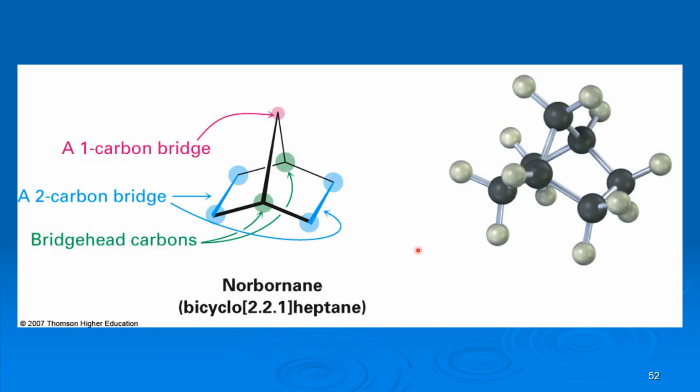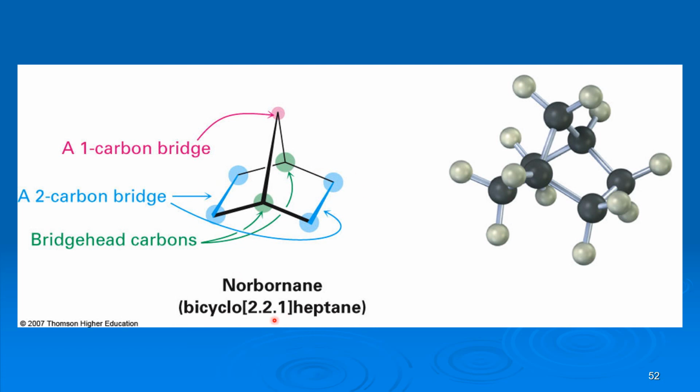One other thing just to introduce to you, and is not really important, is this norbornane. I can't even pronounce it. Well, the main thing is that it's a bicyclo. So you notice that here's a cyclohexane, and then there's another ring attached. And so it's kind of a funny shape. This is the official name. It's a bicyclo, meaning that there's two rings fused together.